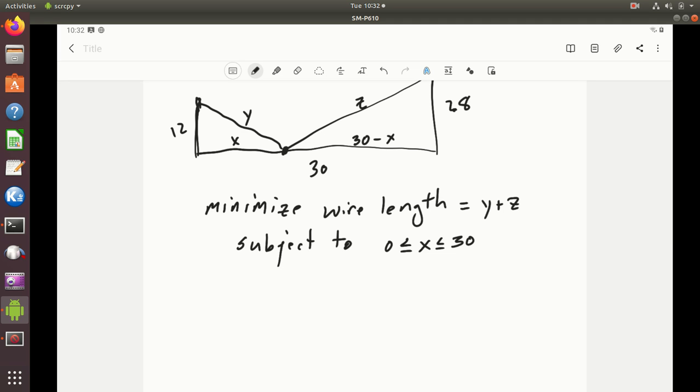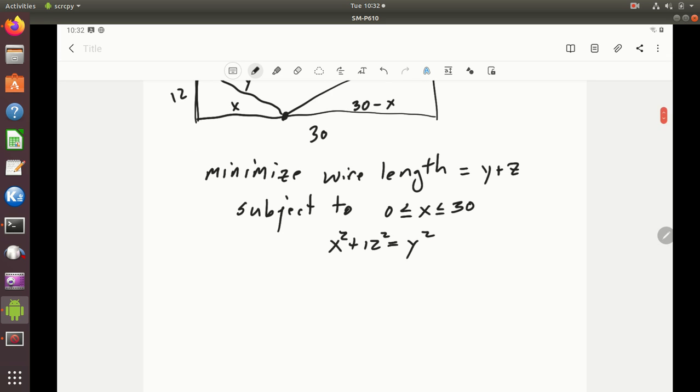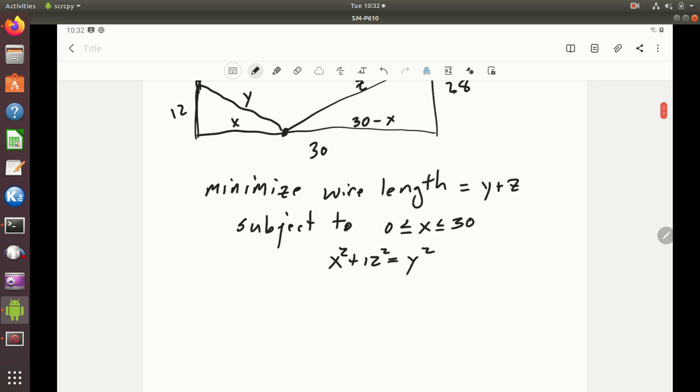So we have x squared plus 12 squared equals y squared, and then 30 minus x quantity squared plus 28 squared equals z squared.